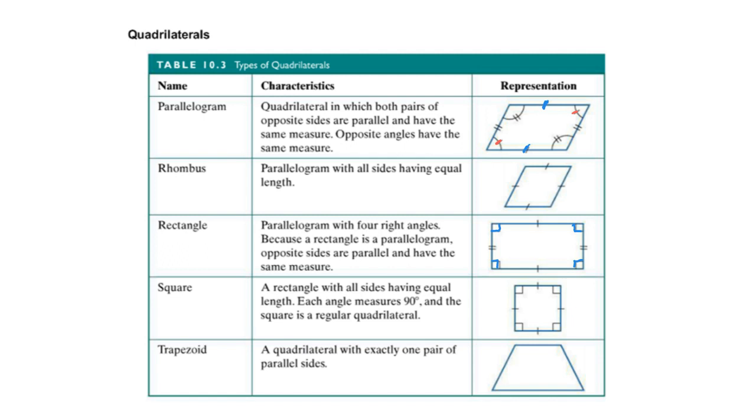In a square, all sides are equal. And each angle, again, has a 90 degree measure, such as the rectangle. Lastly, we have the trapezoid, which is a quadrilateral that has exactly one pair of parallel lines. And that would be this top part and this base part here.